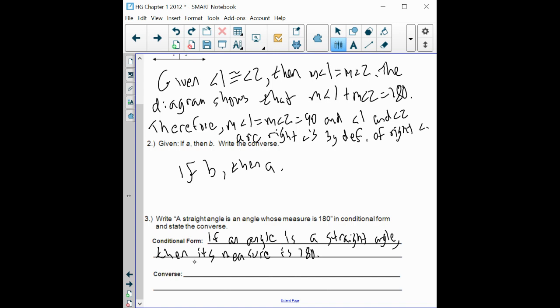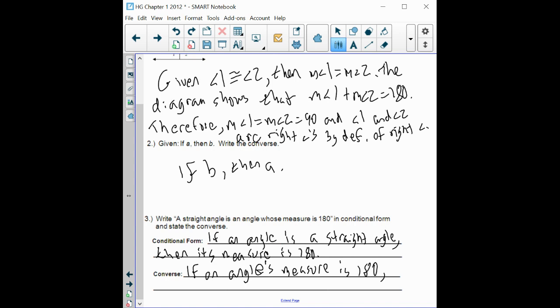So my converse here is take the conclusion, make it the condition, take the condition and make that my conclusion. So if an angle's measure is 180.